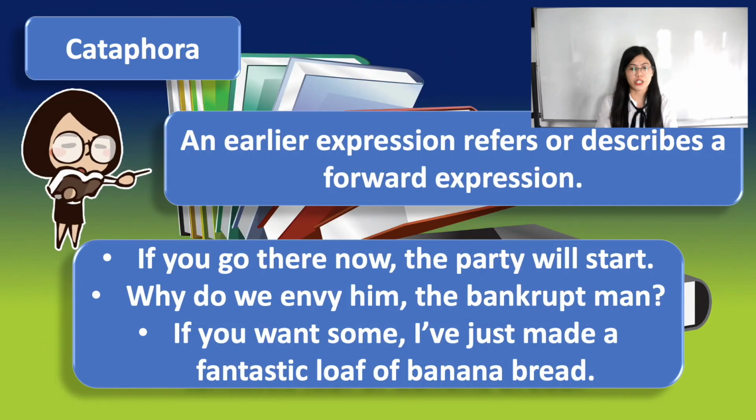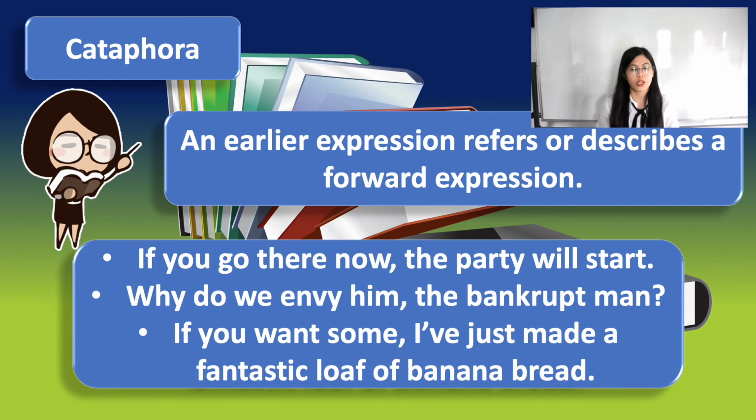Next, we have the cataphora. It is an earlier expression that refers to or describes a forward expression. Example: if you go there now, the party will start. So here, the word there is a cataphora because it refers to the party, which hasn't been mentioned before that point.